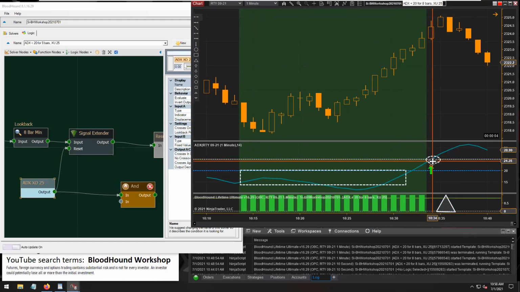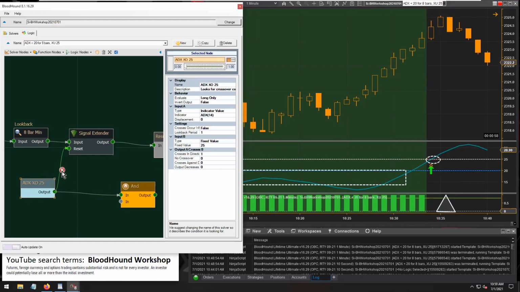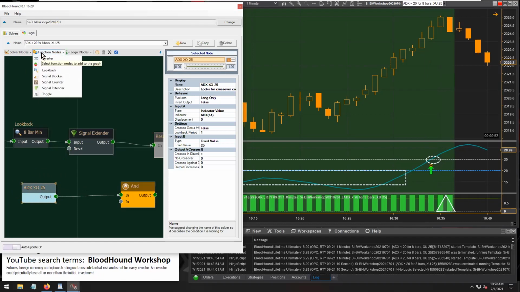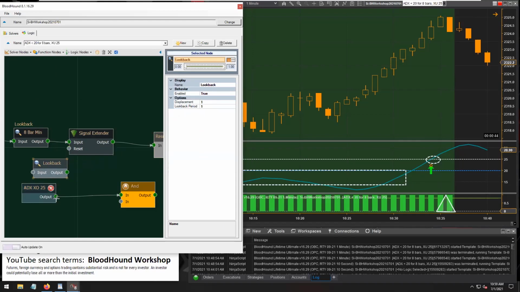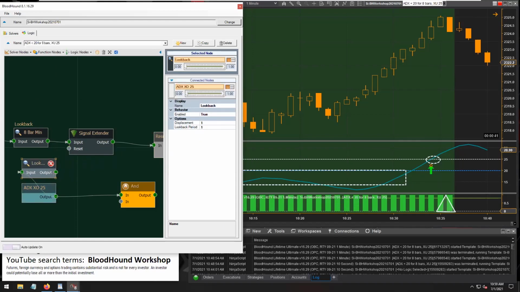So it was turned off a little too soon. What we need to do is delay our crossover signal by 1 bar, and we can do that using a look back node here.